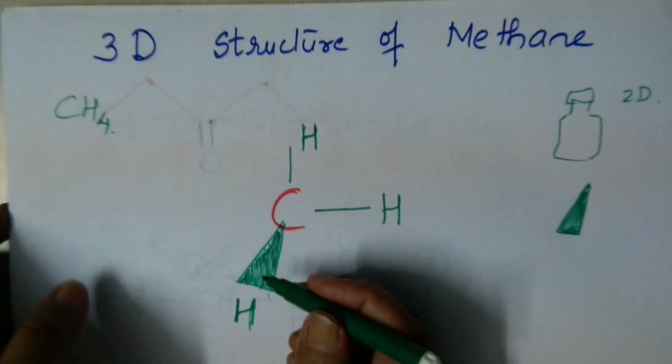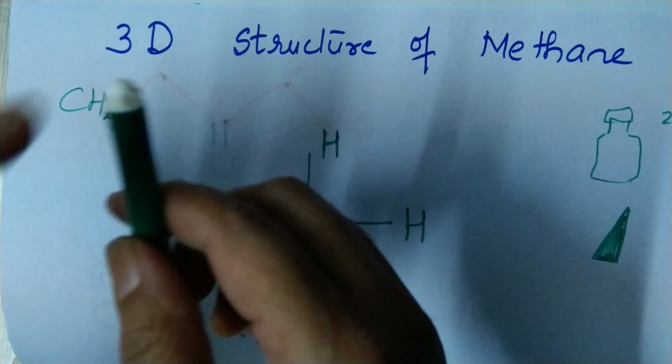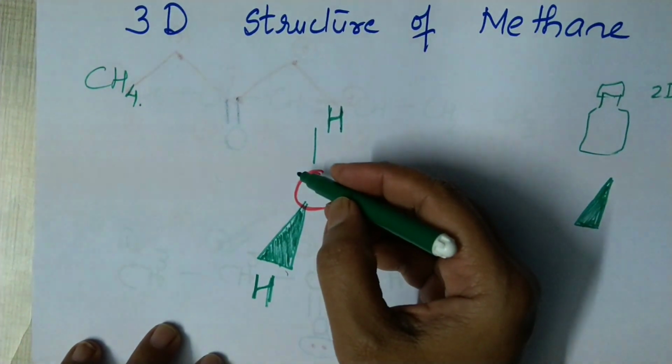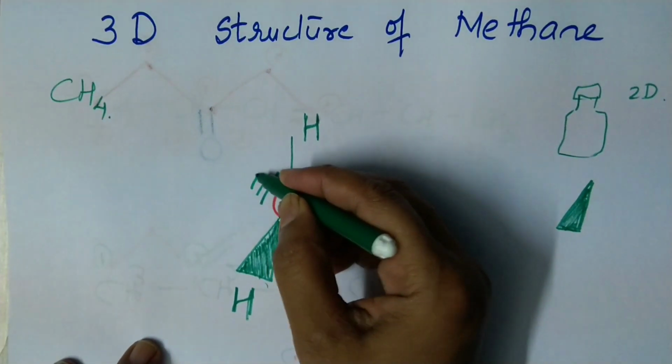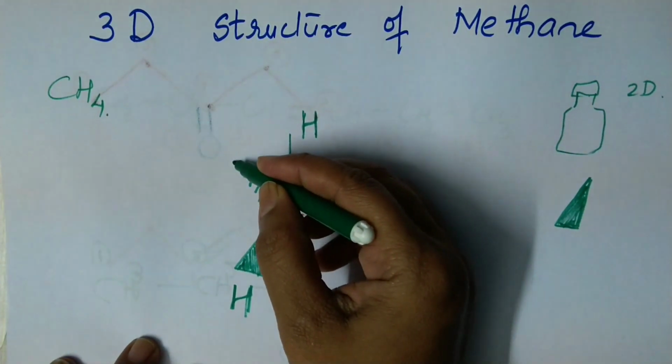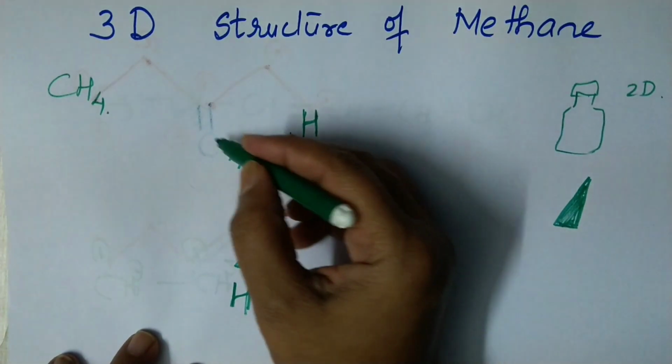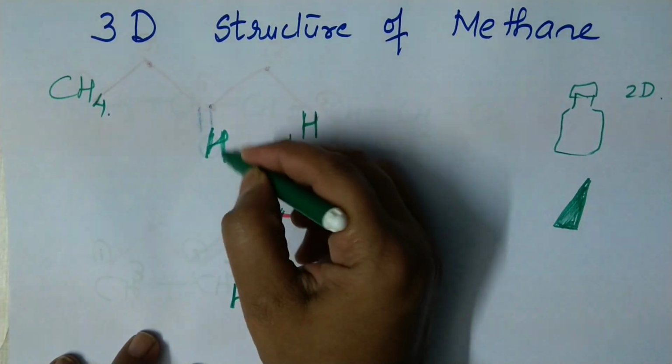Where is the other hydrogen atom? It is on the other side, far away from the observer. So how do you show that? By a dotted structure like this. And since the hydrogen is far away, it is written here.